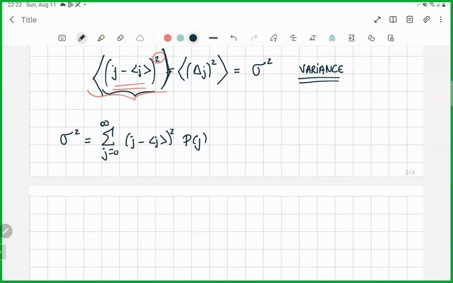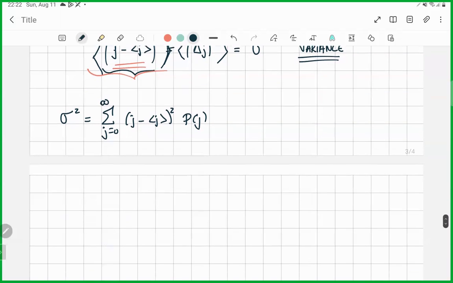Well, let's manipulate this equation a little bit. I'm going to open this square, and what do we have? j squared minus 2j times the mean of j plus the mean of j squared.